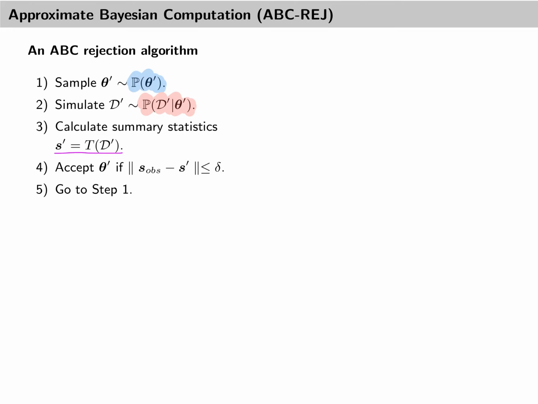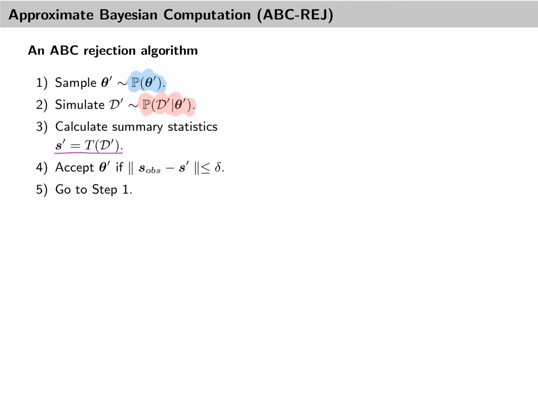The candidate parameter vector θ' is then accepted or not based on a comparison between this summary statistics vector S' with the summary statistics calculated on the observed data. These summary statistics are denoted here by S observed. However, in contrast to the standard rejection algorithm, we don't reject all parameter vectors for which there is not an exact match between S' and S observed.